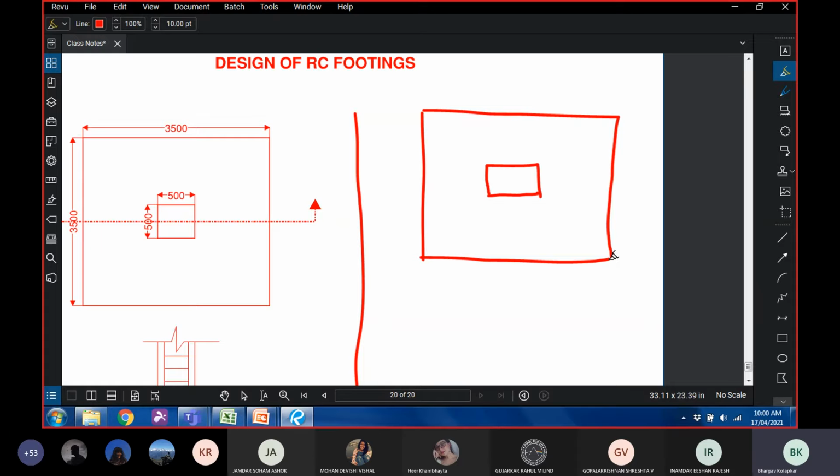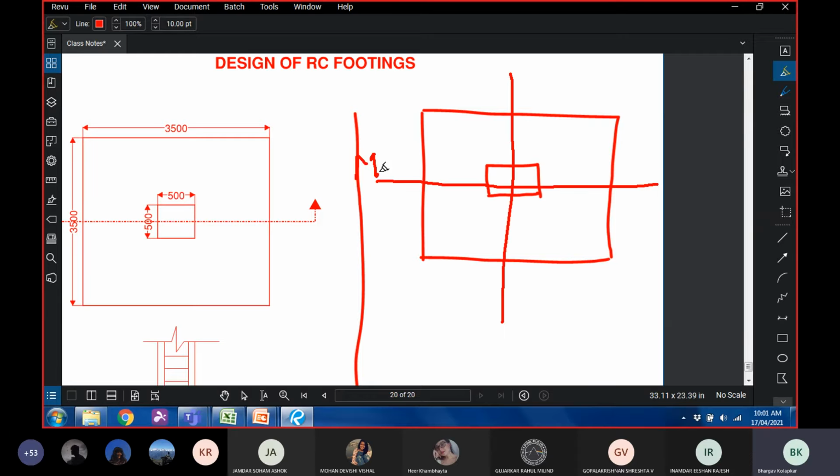The only thing is, basically we have to be right in terms of our understanding, and we have to be right in terms of theory. As of now, even if you get a rectangular column, you can provide a square footing. Now the only trick here is which section will you consider, or which moment will you consider. When I say that, what I mean is now you have two axes.